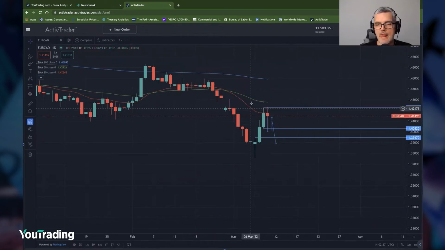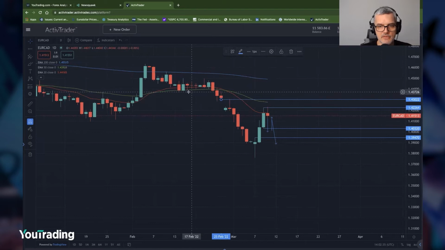I'm looking for everyone to get stopped out of a long, maybe to go and test one of these levels up here. Obviously, as we've discussed previously, at the beginning of March, most of this price action is actually being tested.